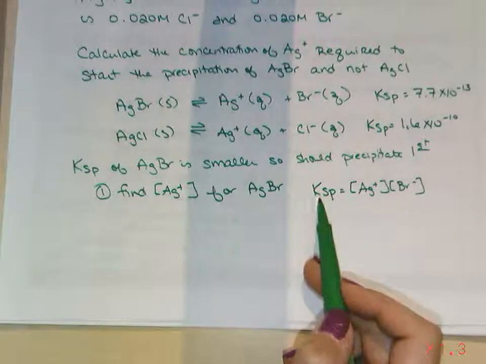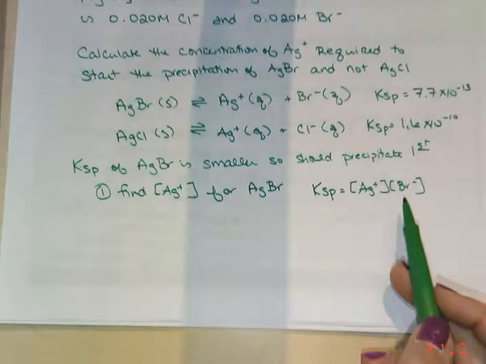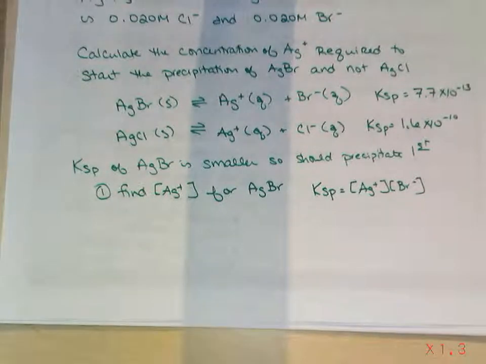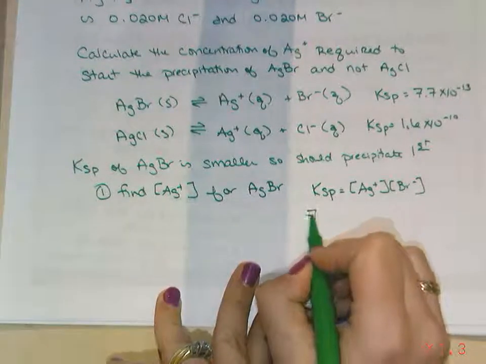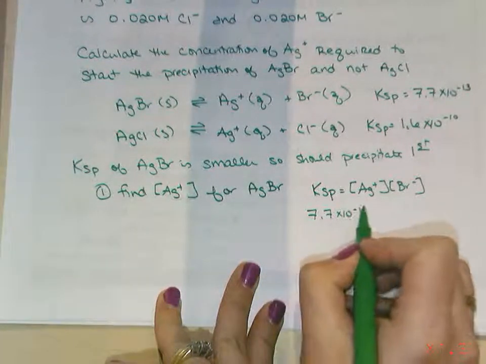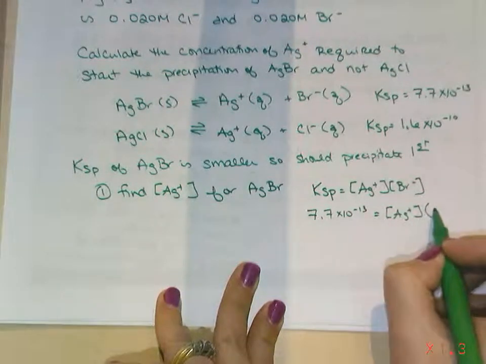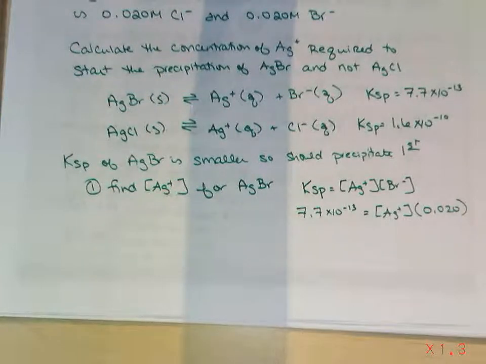You could put it into an ice chart, but you'd end up with x is small, and so you just end up with the same concentration you had before. So when you get confident, you can skip the ice chart. All right, so let's see what that is.